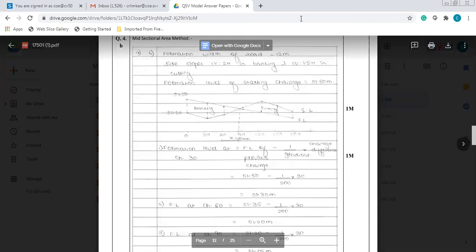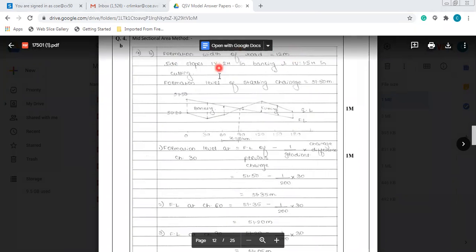What is our first step in this case as far as these problems are considered? See the data which has been given. What data is given to us? Formation width of the road, how much is it given? It is given as 12 meters. If my screen is not visible or my voice is not audible, please convey to me accordingly.